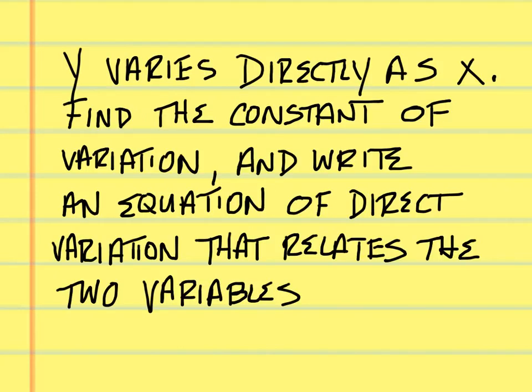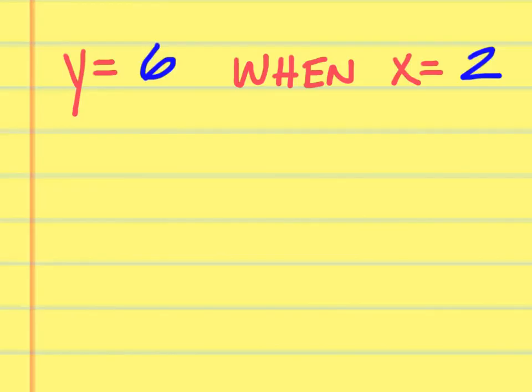Okay, so y varies directly as x. Find the constant of variation and write an equation of direct variation that relates the two variables. y equals 6 when x equals 2. The purpose of this problem is to find the constant k and then insert it back into your general direct variation equation.